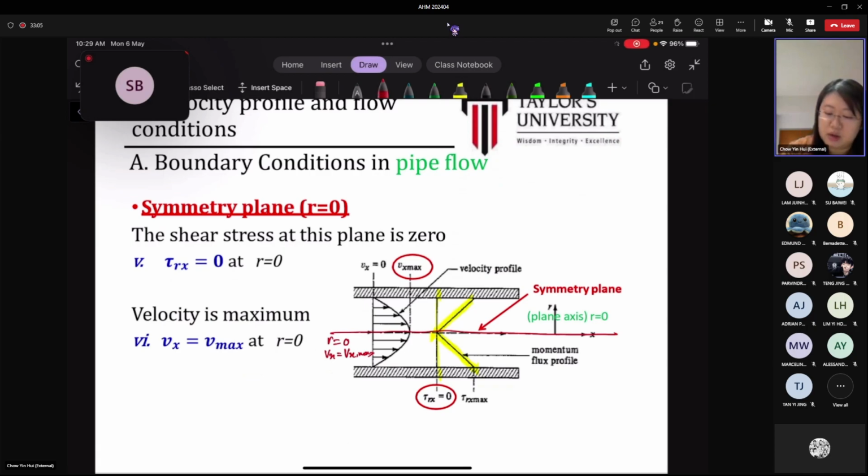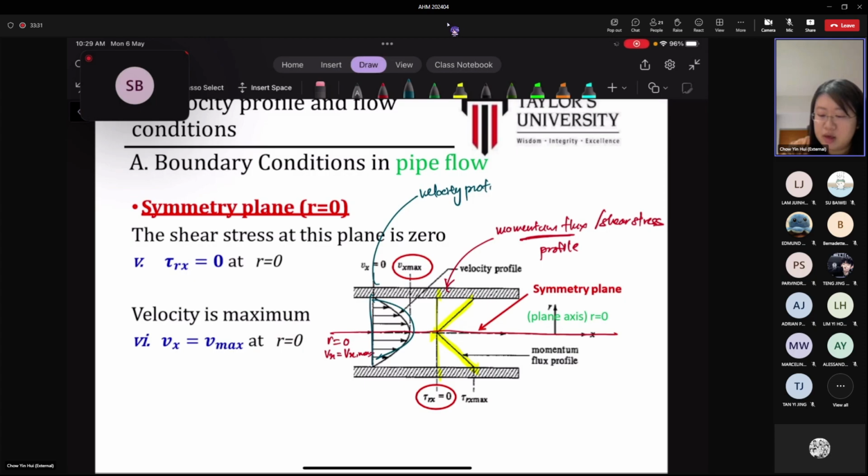You can highlight this. This is the momentum flux, in other words the shear stress. Most of the time you see them use the term momentum flux profile, whereas this one we call the velocity profile.